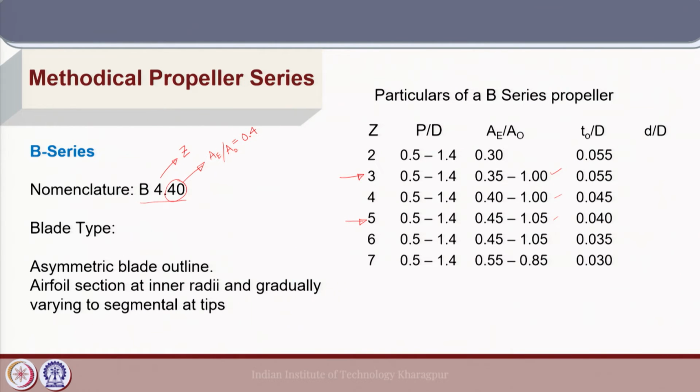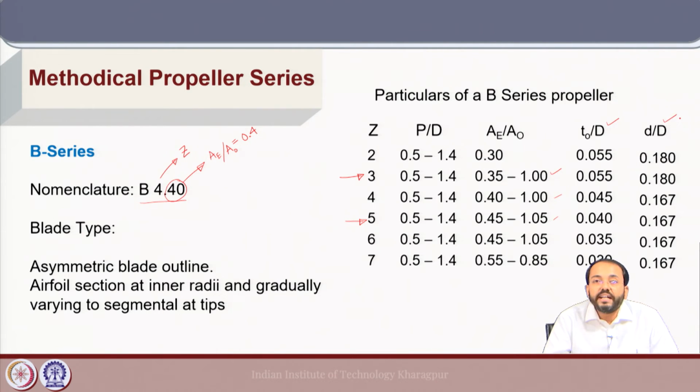Now, T0 by D is the thickness ratio, which is kept constant for a specific case which belongs to a specific number of blades. And d by D is the ratio of the boss diameter to the propeller diameter.